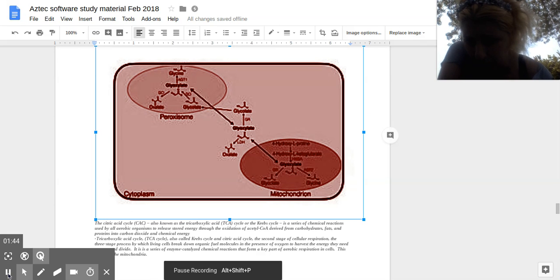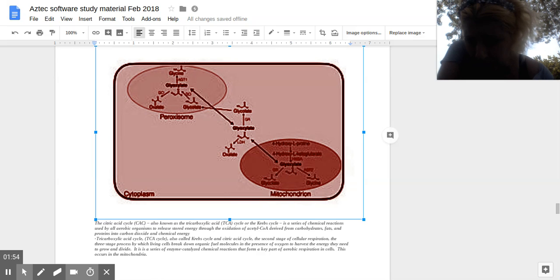The TCA or tricarboxylic acid cycle, or Krebs cycle, or citric acid cycle, all the same thing, converts acetyl-CoA from fats, carbohydrates, and proteins into carbon dioxide and chemical energy.